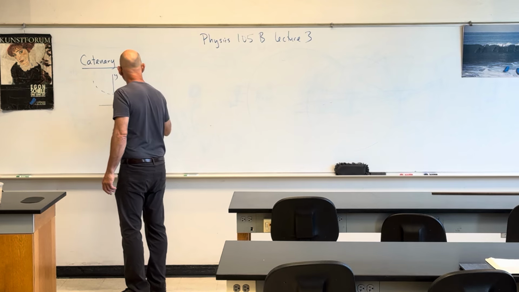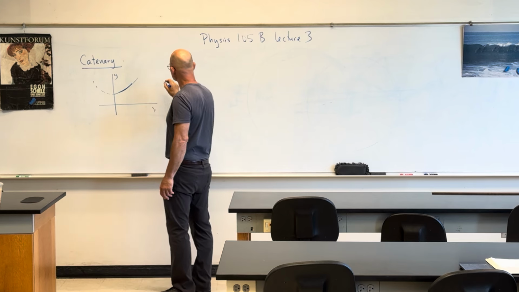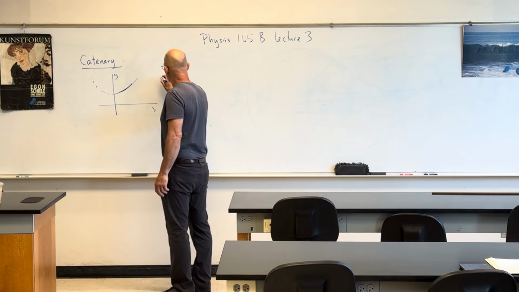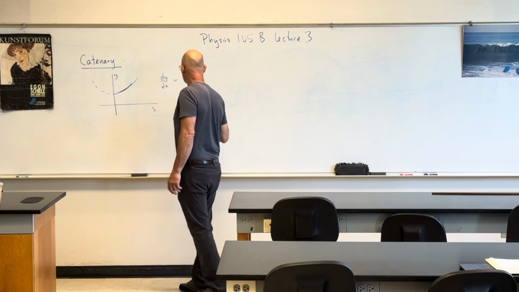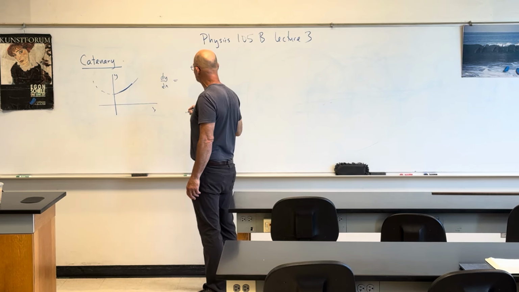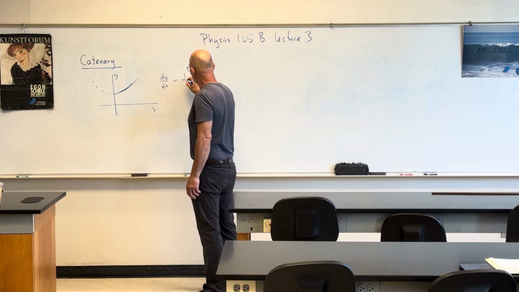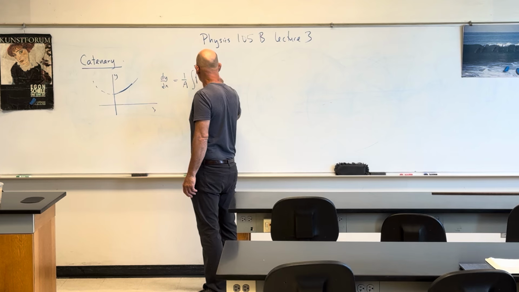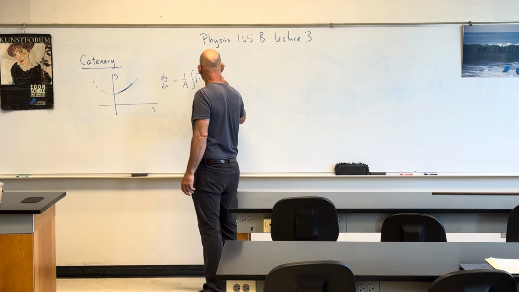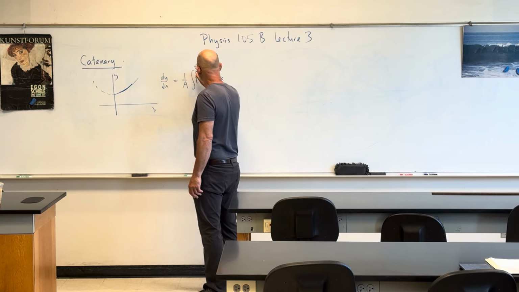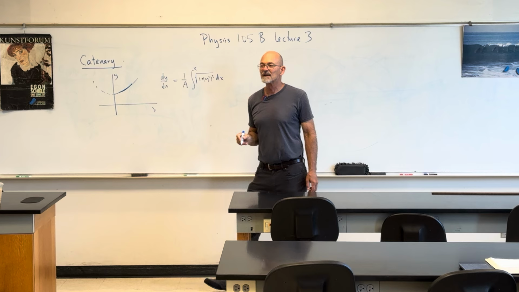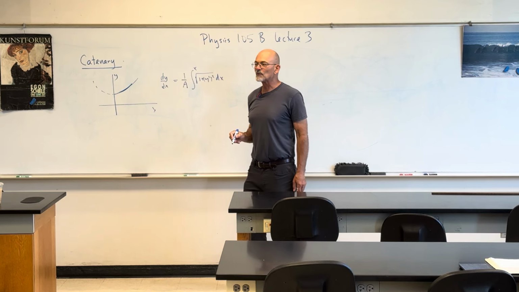So we had an integral expression dy dx, was this 1 over a integral 1 plus y prime squared dx. Was that the one we had? Yeah. And that's the one we assigned for homework.